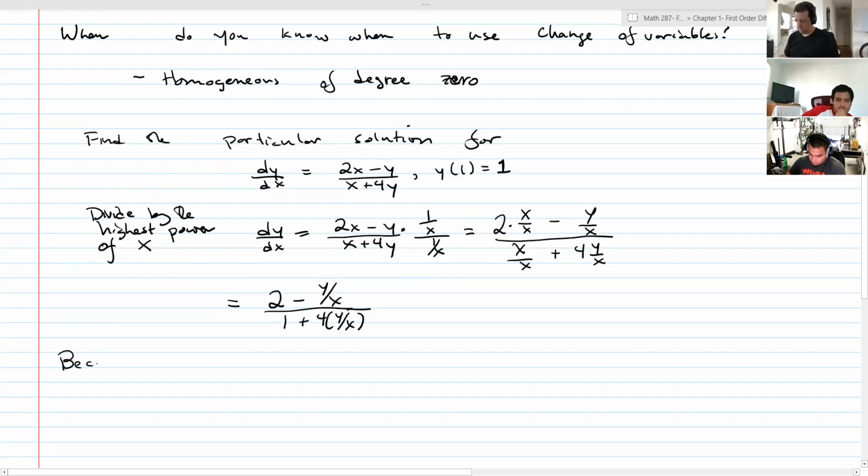Because dy/dx can be rewritten as a function of y over x, it is homogeneous of degree 0.